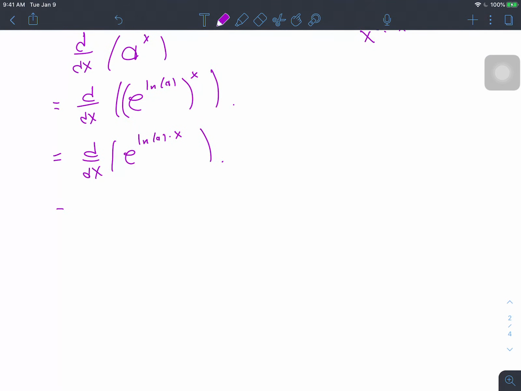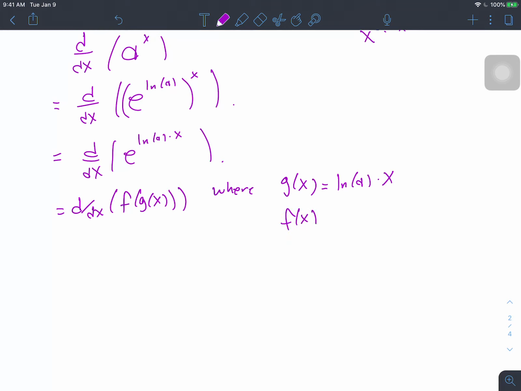This is the derivative of f of g of x, where the inside function g of x is ln of a, which is just some number, times x, and f of z, the outer function, is e to the z.